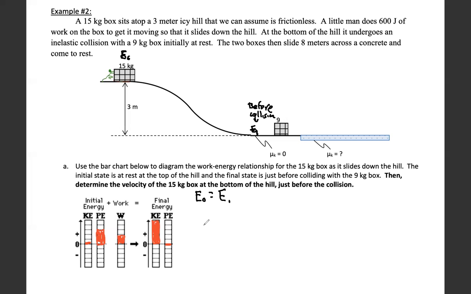So initially there is that initial work, and we just call it work 0. That's the initial work we put in, plus the potential energy we started with, and there was no kinetic energy to start with.